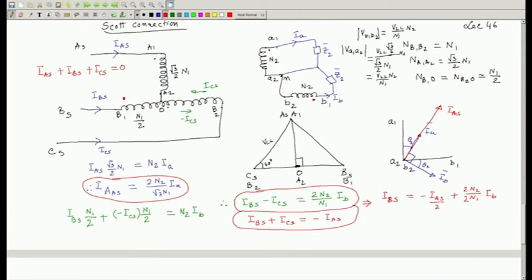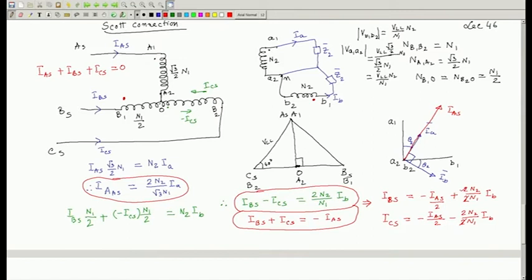Similarly, if you subtract this and this, 2 I_CS is equal to minus I_AS minus 2 N2 by N1 into I_B, by 2. So, this 2 goes.